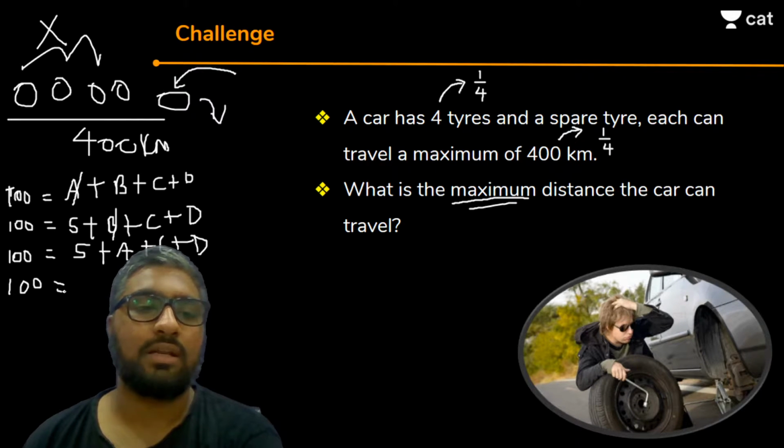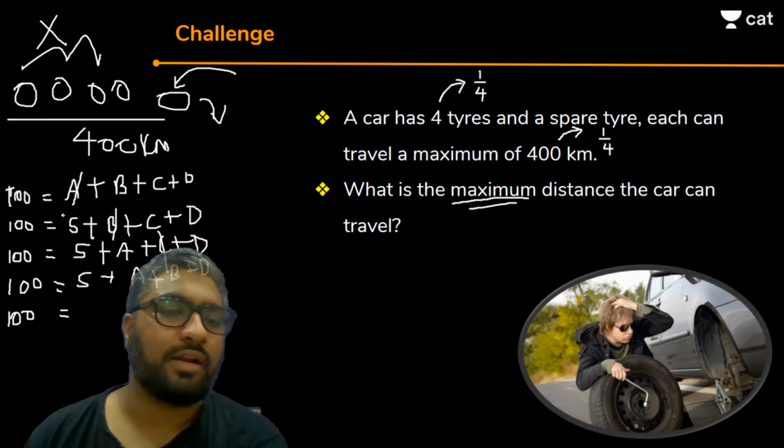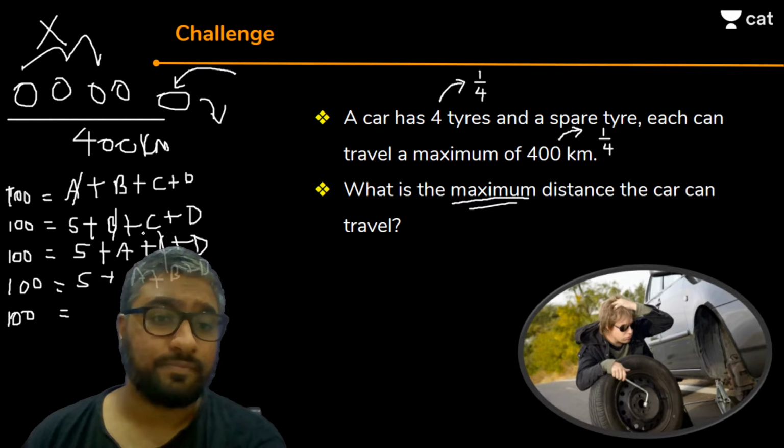In the next 100, what would happen? C would get replaced by the previous tire. In the last 100 kilometers, the spare has run for 300 kilometers. D is completed, all 400 kilometers run.